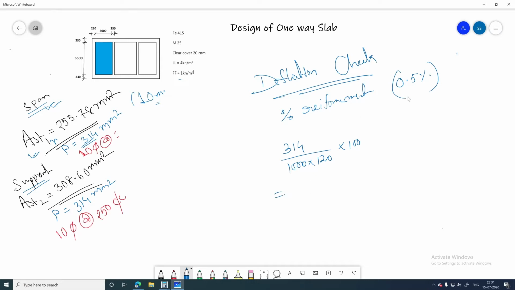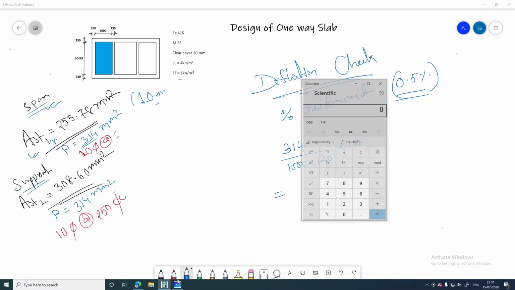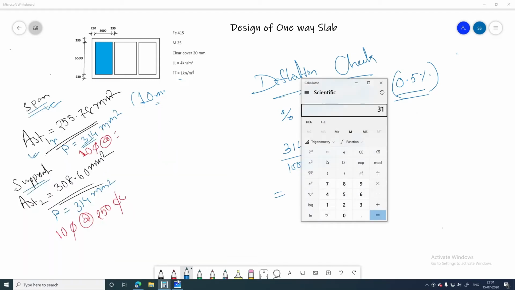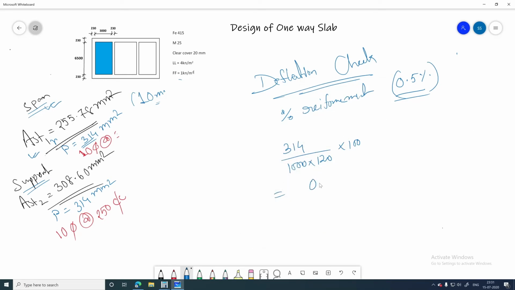It should be less than the 0.5% that we initially considered. So 314 divided by 1000 divided by 120 into 100, that is 0.2616%.